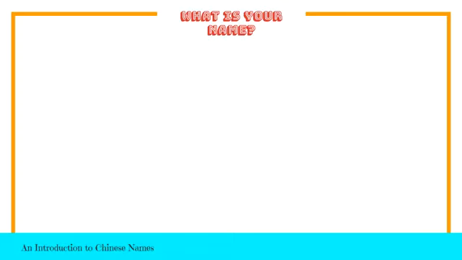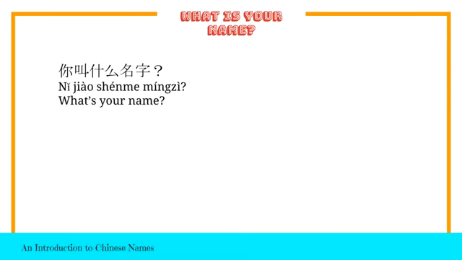So now let's come to the next one. What is your name? Do you know how to say it? 你叫什么名字? You can repeat after me. 你叫什么名字? Yeah, okay, well done. The answer can be 我叫. Okay, take my name for example. My Chinese name is 熊书瑶.